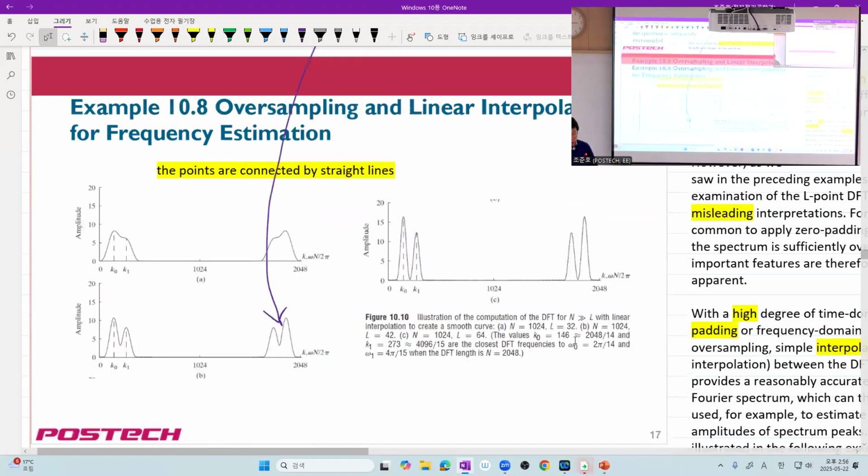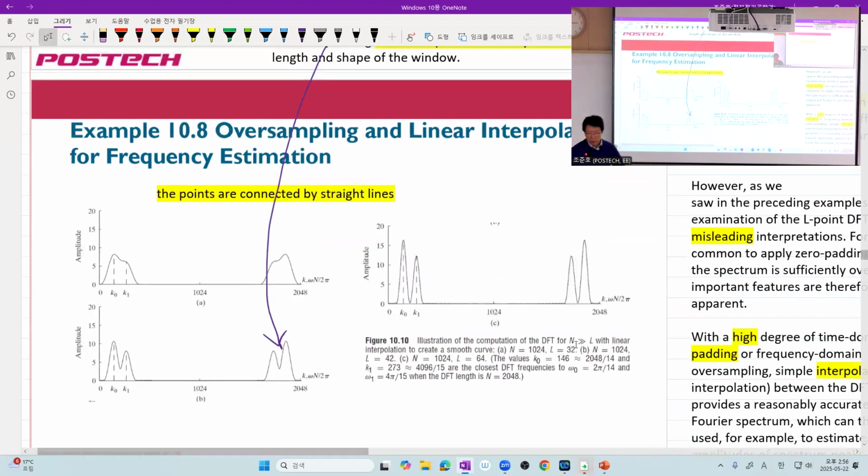Of course, in MATLAB, we can plot, and then we have a smooth curve, right? By the way, this figure is a little bit misleading because here they talk about linear interpolation, which means the use of the plot function instead of the stem function in MATLAB.